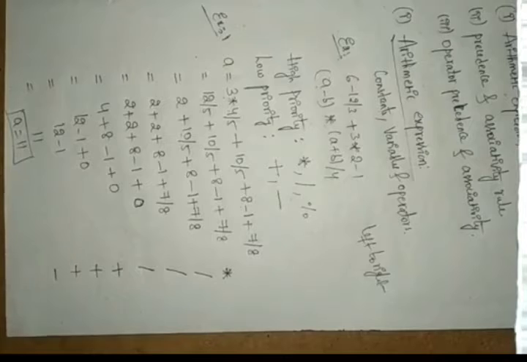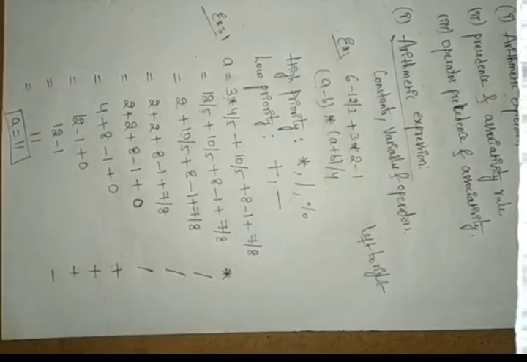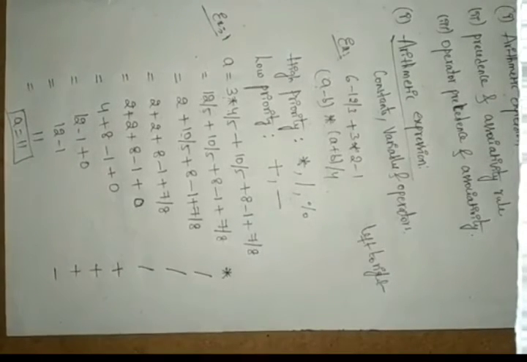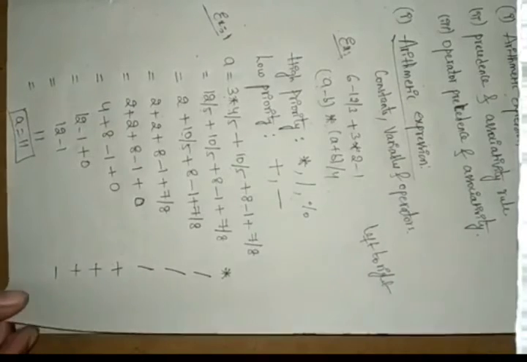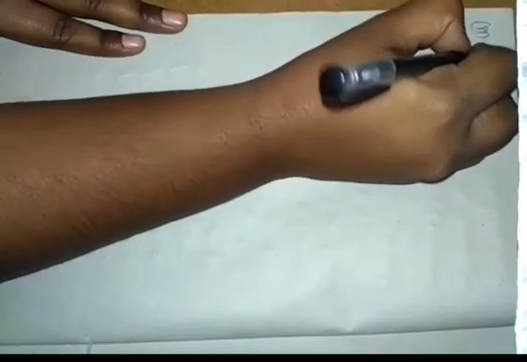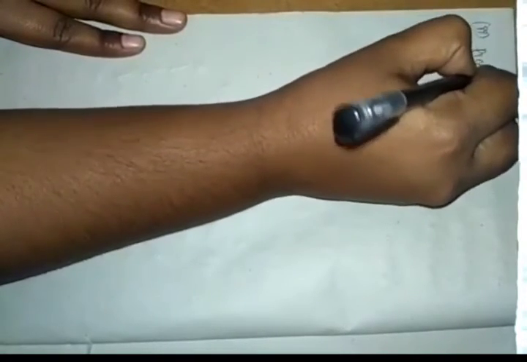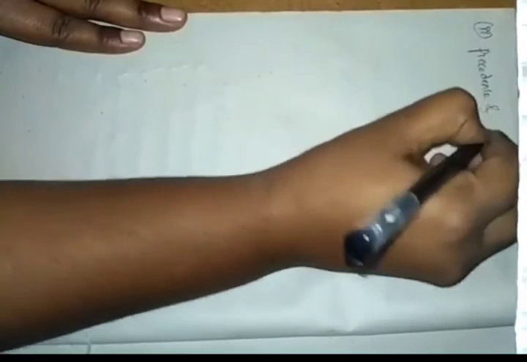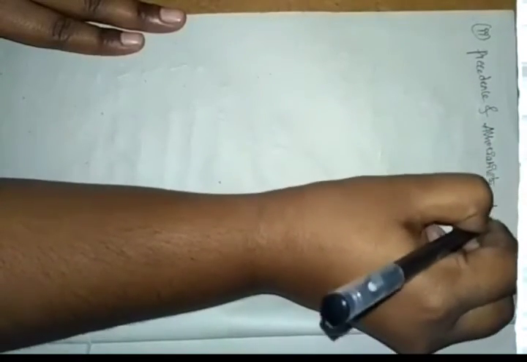And next we have the precedence and associativity rule, the second way. We have the precedence and associativity rule. So what is the precedence and associativity rule?